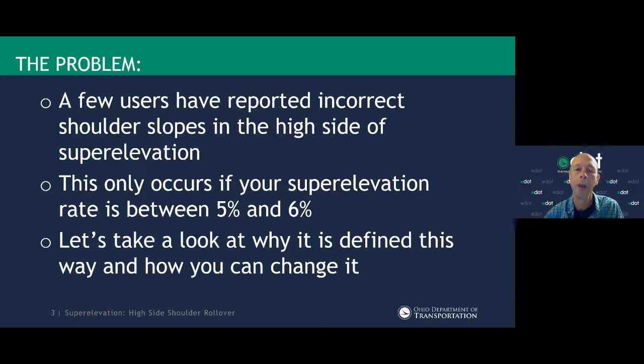The shoulder slope is technically incorrect if you're going by the book. And it was defined that way a couple of years ago when JD and I first looked at this and talked about it, and it's just the direction we decided to go. So what I want to do was explain to you what we did and how it works, and then what you can do if you want to change it or need to change it.